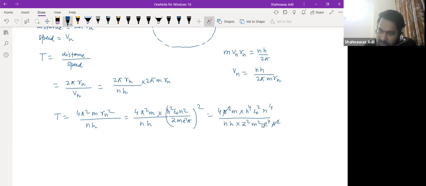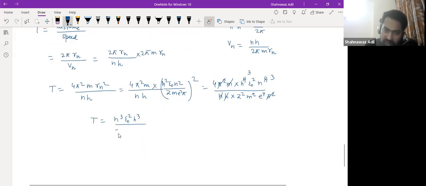Pi square cancels. This is n and n4, so this is n cube. This m and m cancel, and h, and this is h cube. So T is n cube epsilon naught square h cube divided by z square m e. This is the time.